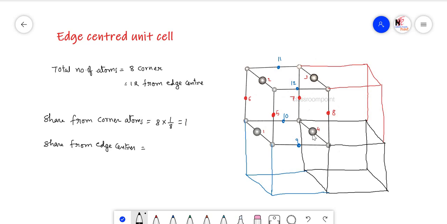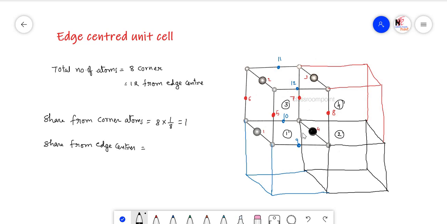Each edge is shared among 4 unit cells. Just take this one as an example. This is the center of the edge of the cube. Now, this is initially shared between 1 unit cell, 2 unit cells from the bottom side, and from the top side, here the 3rd unit cell is there, here the 4th unit cell is there.